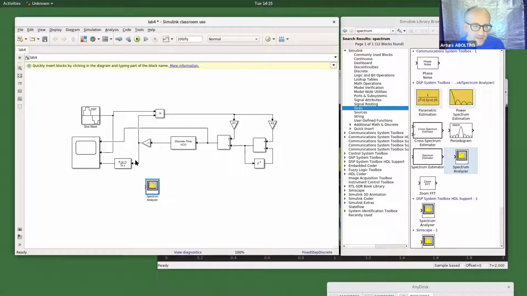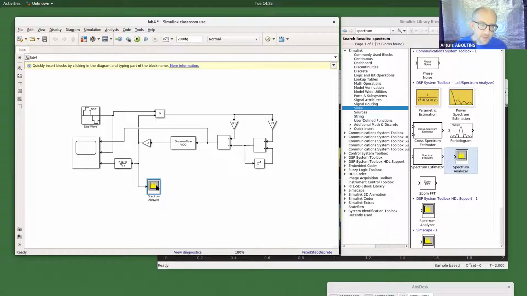We can take it from this point or this point. It doesn't make a big difference. But let's connect it here. In our lab work it is connected also at this point.